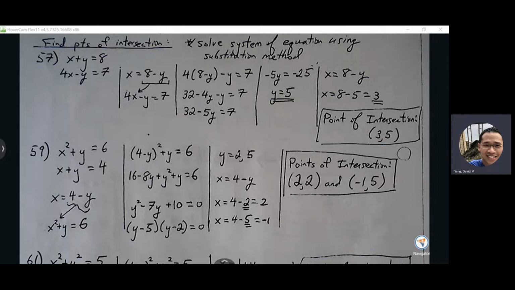So your steps may look different from mine, but your points of intersection should be consistent with my answer. So 57 to 59. Any questions there?